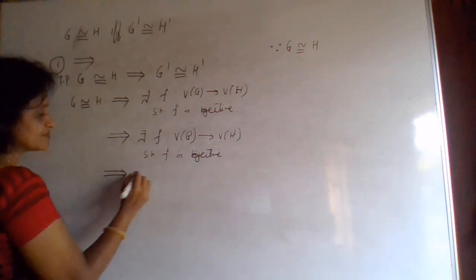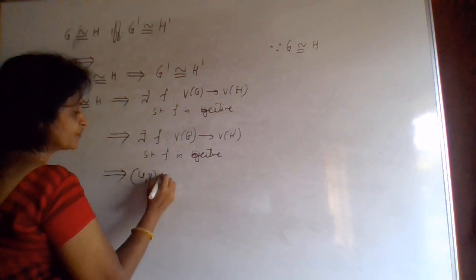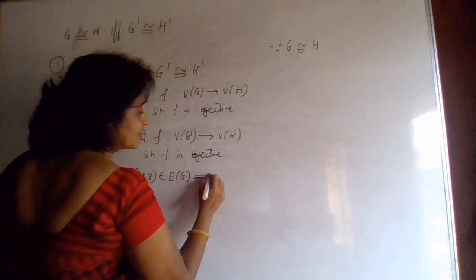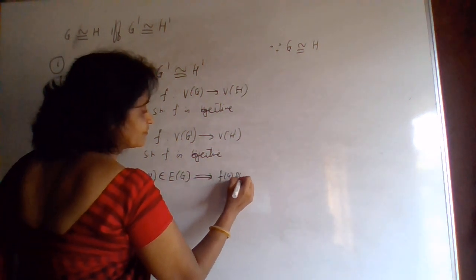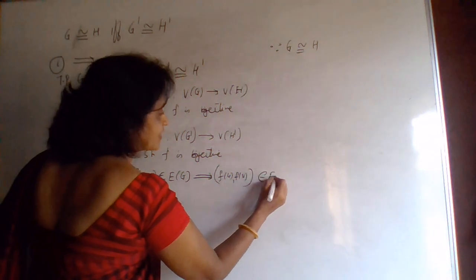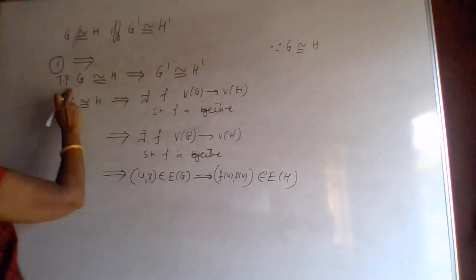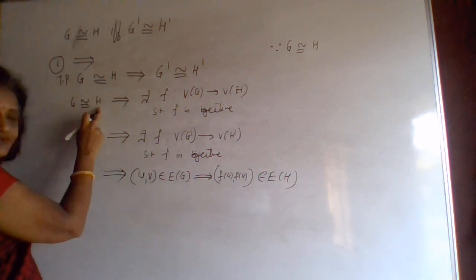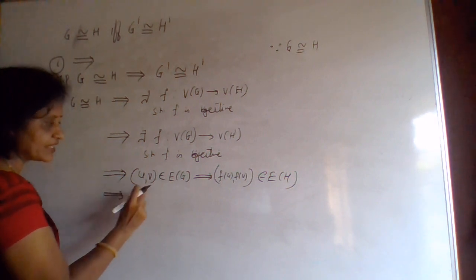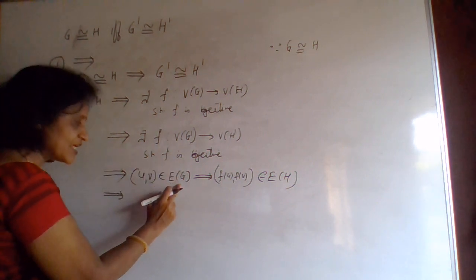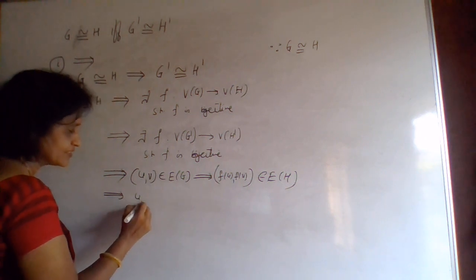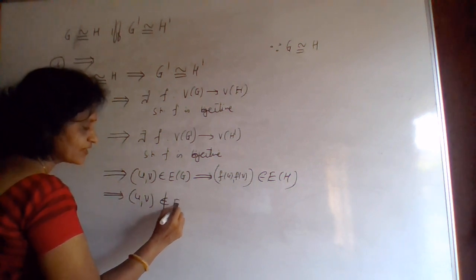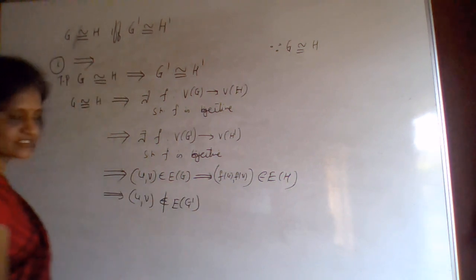As a second condition we are trying to prove, UV belongs to the edge set of G gives us FUFV belongs to the edge set of H. See properly, these are isomorphic. F is an isomorphism, so any edge UV here means FUFV is here. Now UV is in the edge set of G, so it's common sense that UV is not in the edge set of G dash.